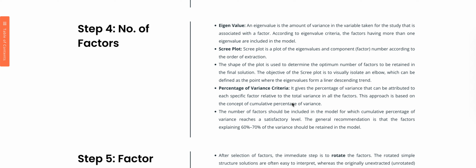So this is the important part. The general recommendation is that factors explaining 60% to 70% of the variance should be retained in the model.